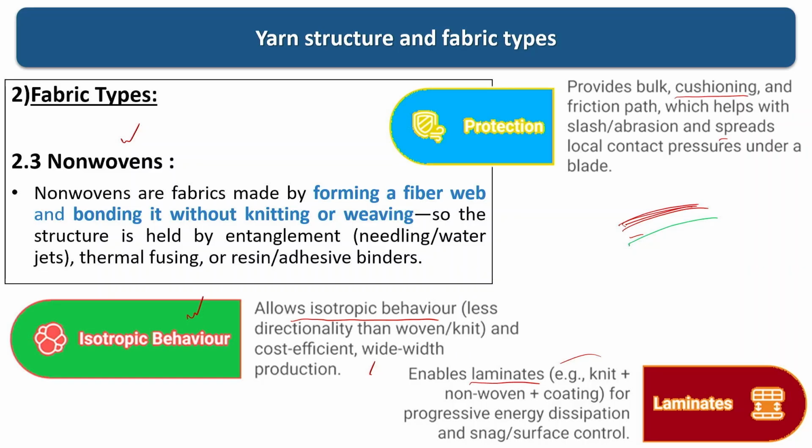So, laminates can be produced for progressive energy dissipation. That is why it is giving protection, and this energy dissipation will be there.